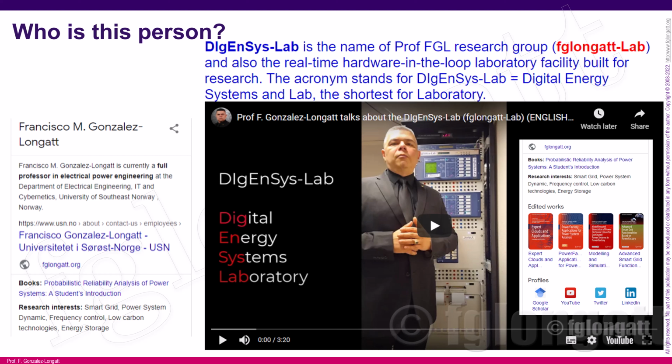During my career, I spent 3 years officially working at the University of Southeastern Norway, where I created from scratch a laboratory called DHENSYS Lab, basically my research group there. DHENSYS stands for Digital Energy System Lab.